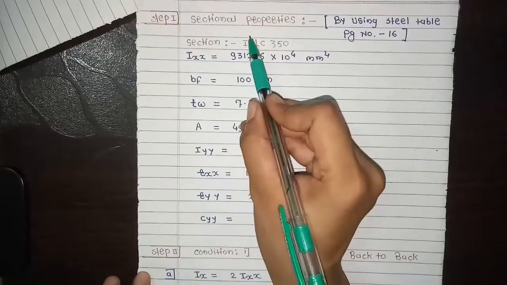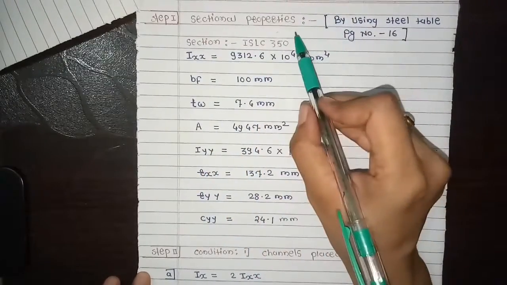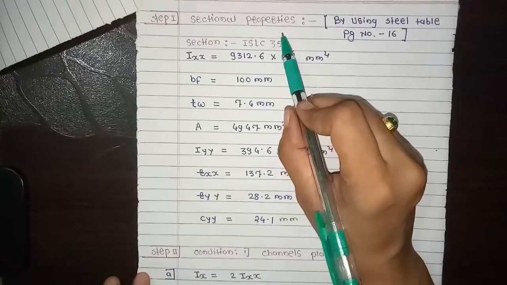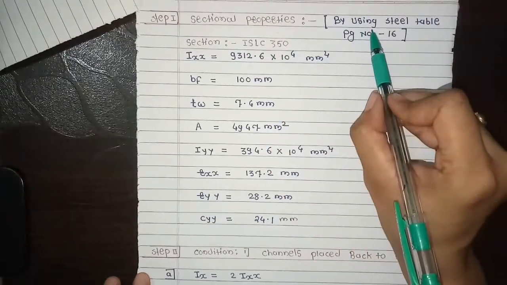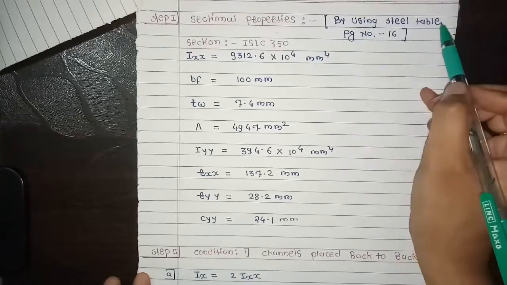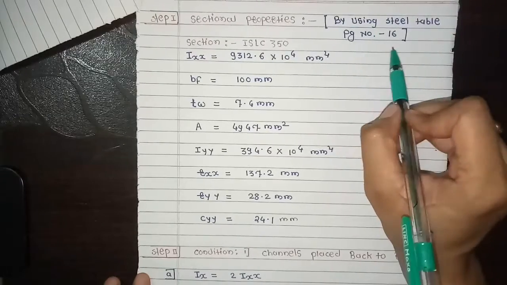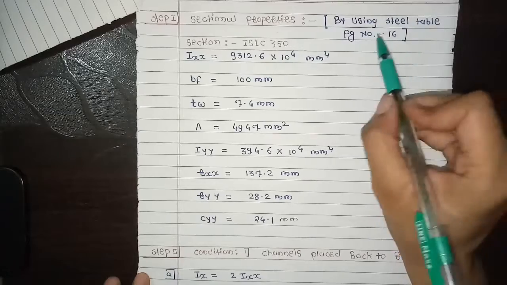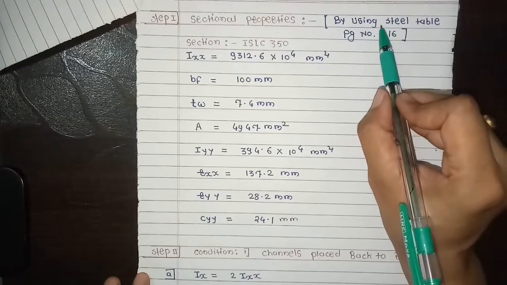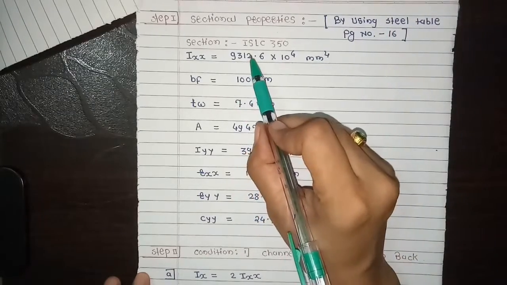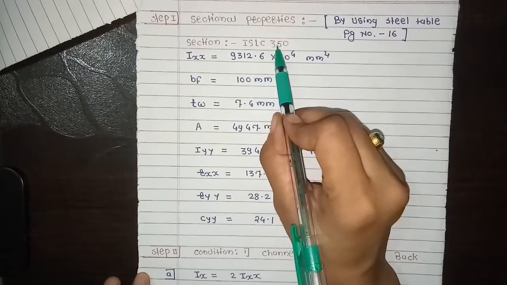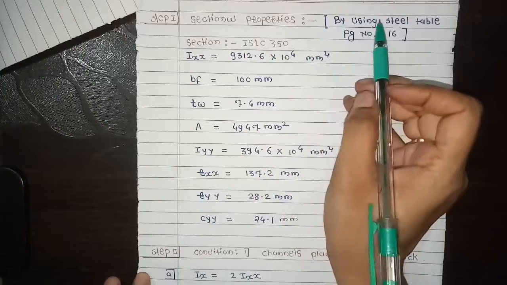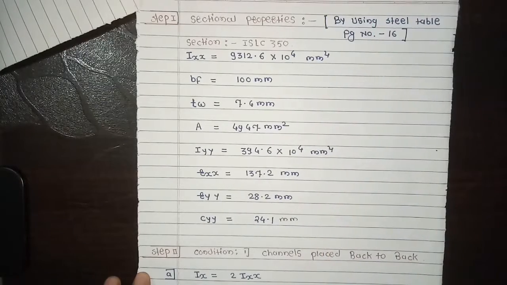Step first, sectional properties. Write all sectional properties of ISLC 350 using the steel table, page number 16.